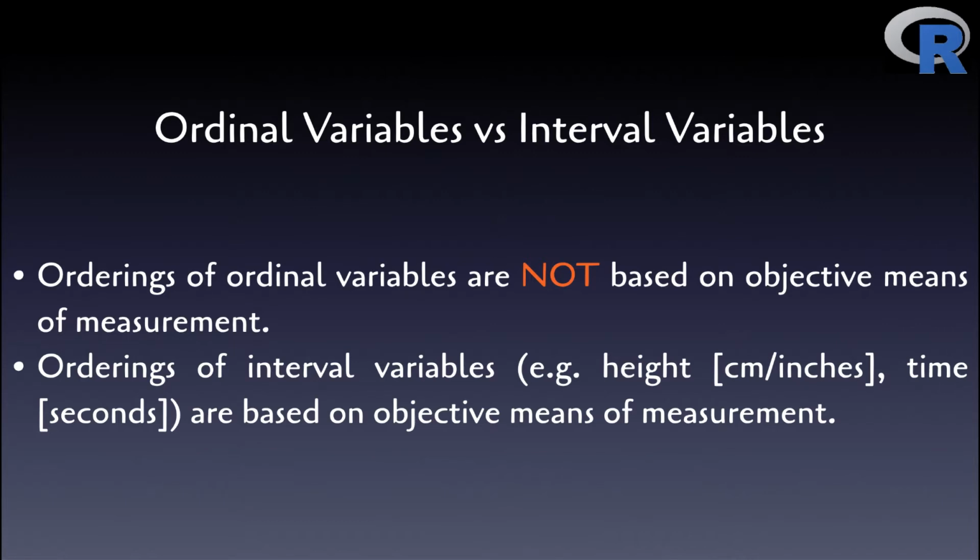For instance, if you measure people's height, the variable height is an interval variable whose values are ordered based on inches or centimeters. Inches and centimeters are used for imposing the ordering, and these measurements are acknowledged by all people worldwide. On the other hand, values of ordinal variables are not assigned to observation points based on objective measurement means.